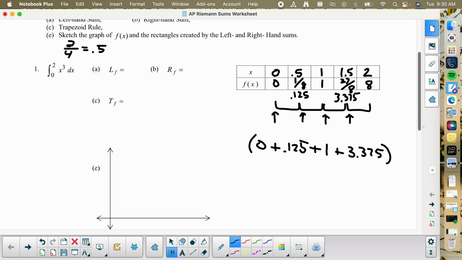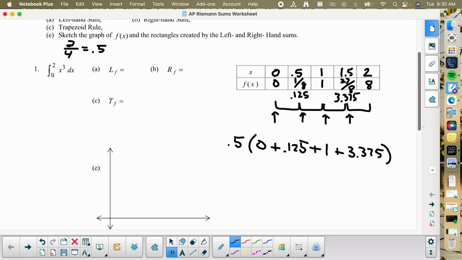And if we add all of our heights together, we can multiply by the width of 0.5. Now, if this confuses you or bothers you, you can 100% take each of the 4 heights times 0.5 and then add them up. Because that's how you find the area of a rectangle.